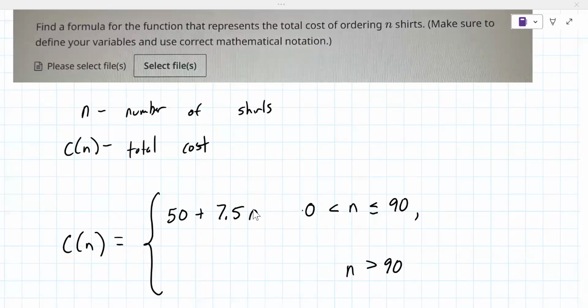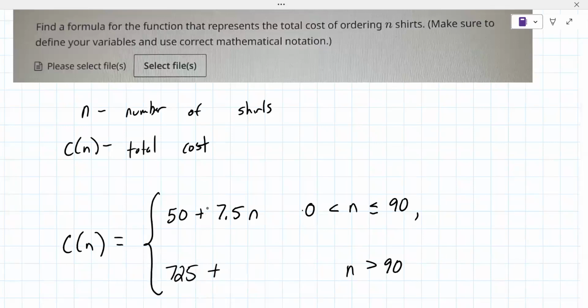So I'm asking you to put 90 in for N. Okay. Is it 725? Yes, so it's 725 plus.